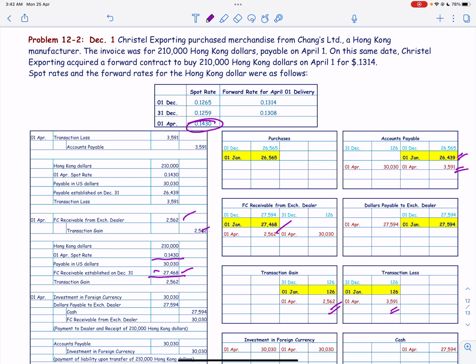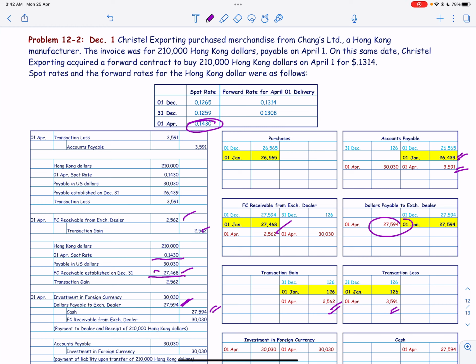Okay. So Crystal is responsible to pay $27,594 to the exchange dealer. So we will debit the dollars payable to the exchange dealer and we will credit cash by 27,594 to settle this account.